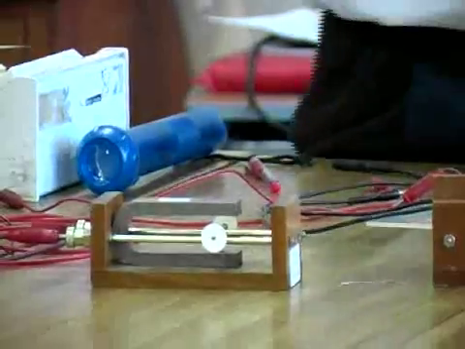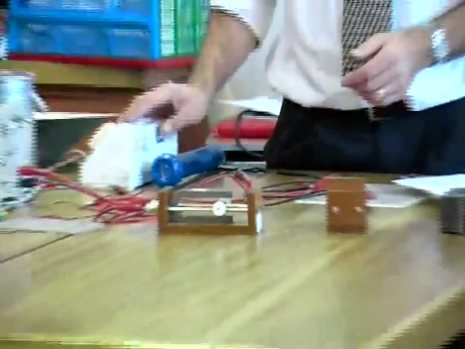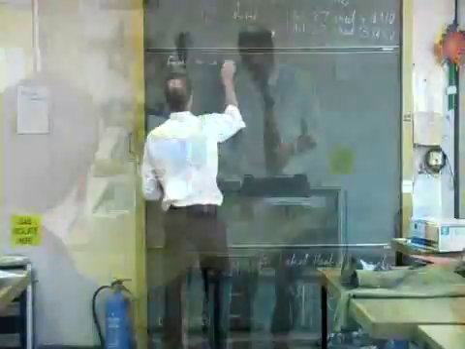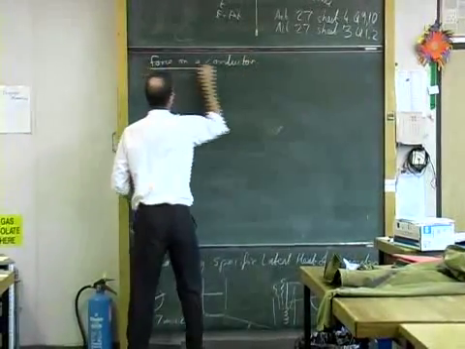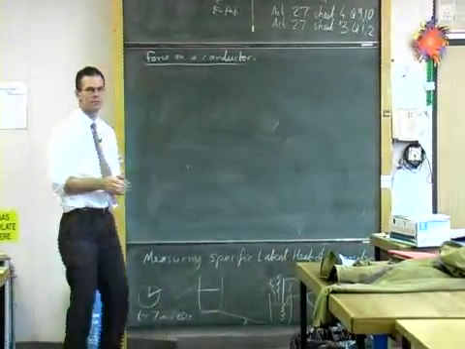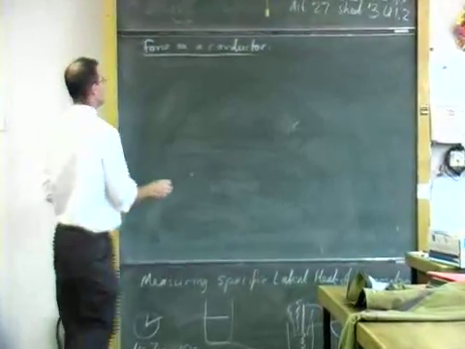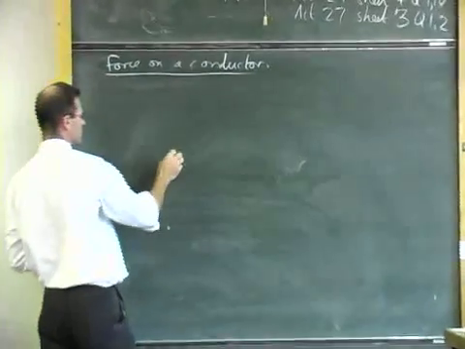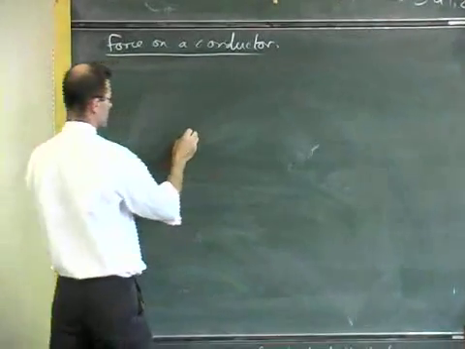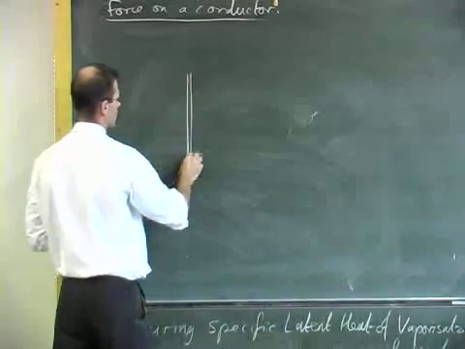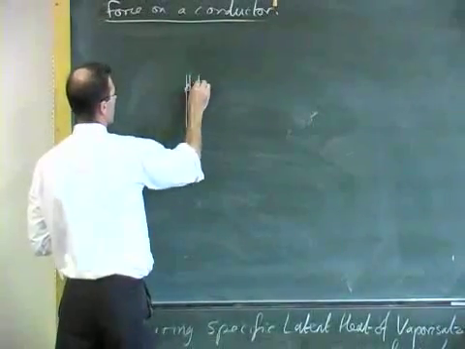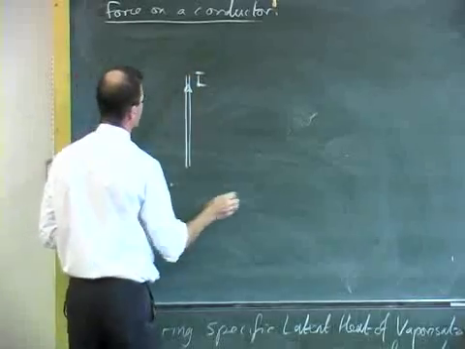So there's an equation that relates these things, and we'll just put it up on the board there. If you've got a conductor that's in a magnetic field, quite tricky to draw in 3 dimensions, but I'll have a bash here. So there's the current I running through there.